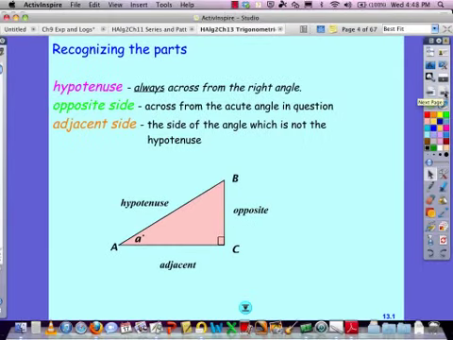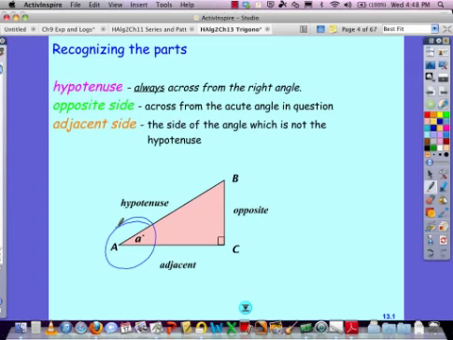If we say recognize the different parts, you should be able to tell me what is the different part of this triangle. And right now we've got it marked: the hypotenuse is always across from the right angle. You should have learned that. The opposite side is across from the acute angle in question. So right now, based on this triangle, we know that the angle in question is angle A. It's the only angle that's marked in degrees.